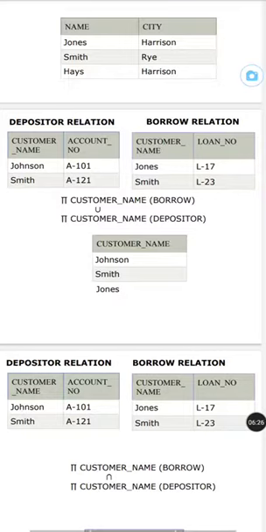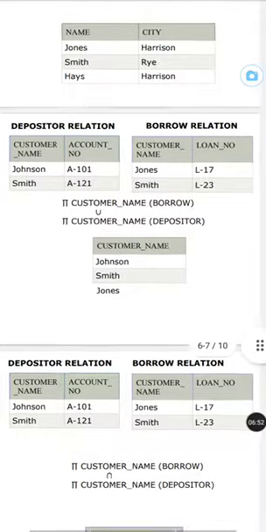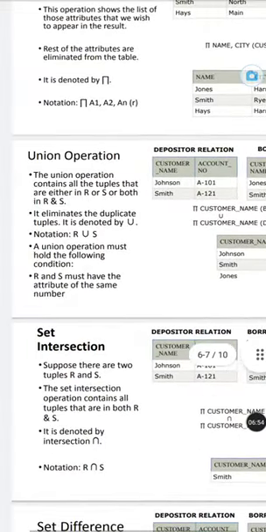When combining, it starts with Johnson, Smith, and Jones. There are two similar names, Smith in the customer name from the borrow table as well as Smith in the depositor table. So it adds only one name at a time because it will not support the duplicate entry. So this is the concept of union.